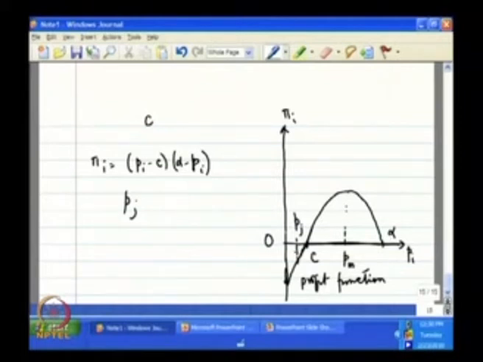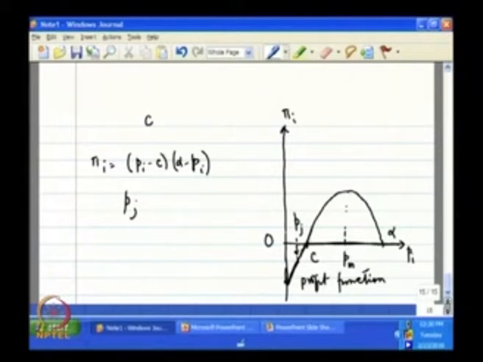If I charge a price just equal to Pj, then the market is divided between him and me, and so I get half of the profit that he is earning, a negative profit, so I get profit which is half of that. So my profit function is this part, because if I charge a price less than his price, my profit function is coinciding with this curve.